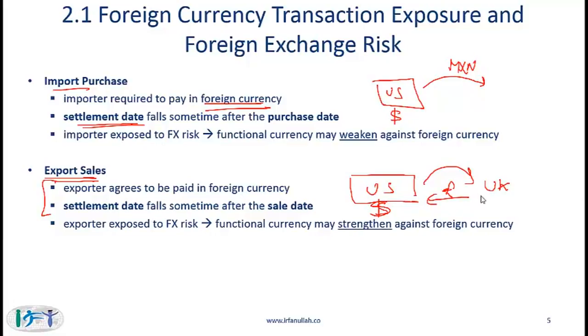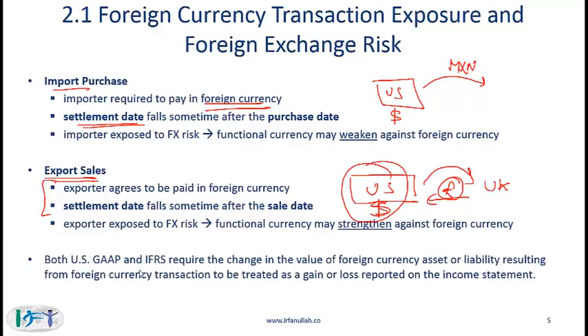If this payment is being made at a later point in time and the pound weakens, which is the same thing as saying the dollar strengthens, then this will have a negative impact on the exporting company. That is the foreign exchange risk.